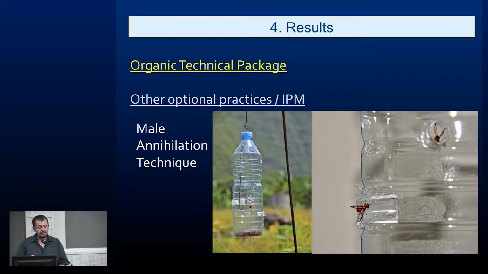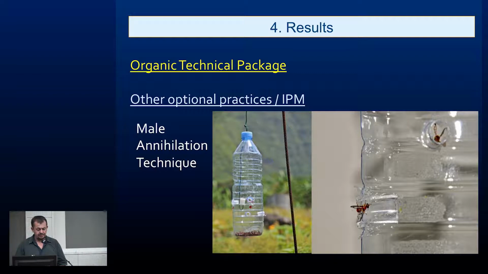Concerning the technique, you can also adopt some IPM techniques, such as this one, for example, the male annihilation technique. If it is not forbidden in France, it's not so clear to use this technique. We can use it for monitoring, but not for trapping flies.